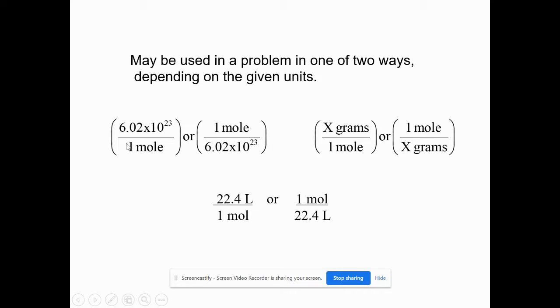So knowing those facts, we can use them to make conversion factors. 6.02 times 10 to the 23rd over 1 mole, or 1 mole over 6.02 times 10 to the 23rd, if we're talking about particles. 22.4 liters over 1 mole, or 1 mole over 22.4 liters, that applies only to gases. And molar mass, some number of grams determined by the periodic table, either on the top or on the bottom of the conversion factor.